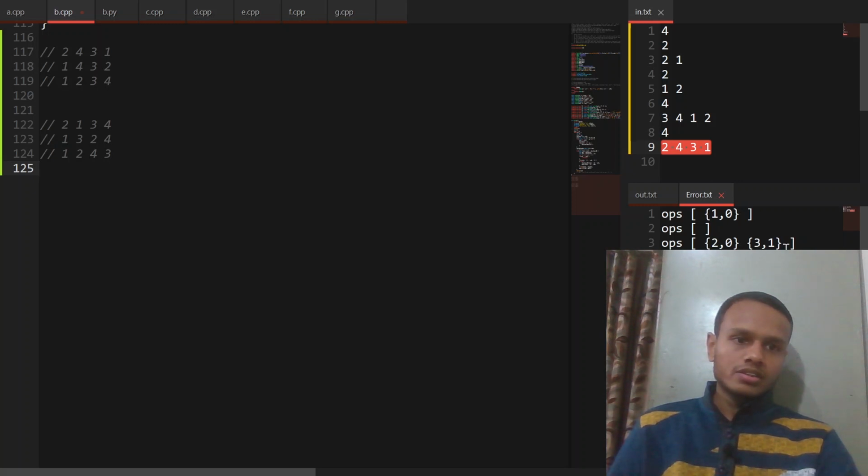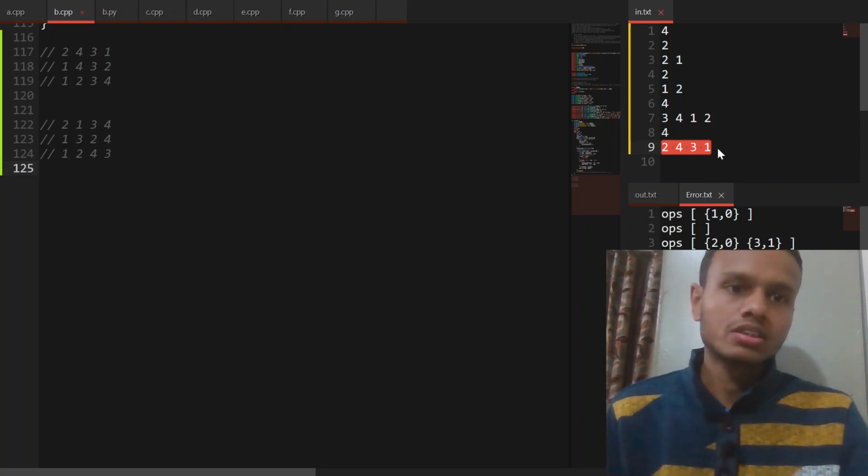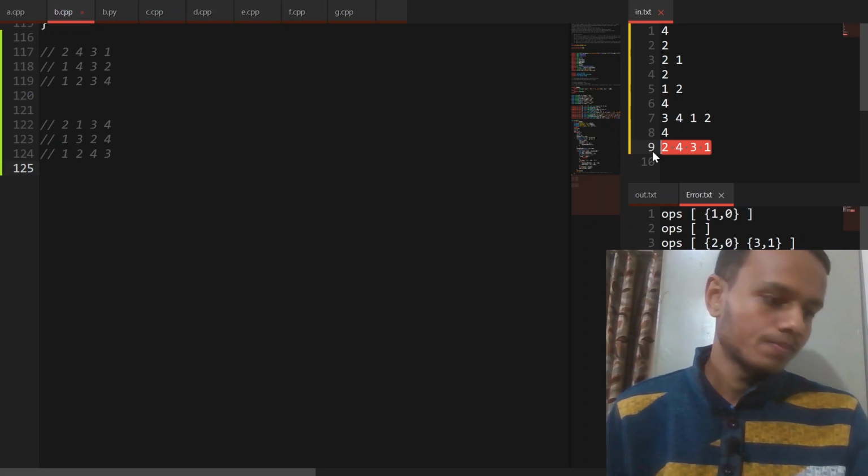The thing is, if I undo this operation 3 1, I am getting the right answer. But this swap I am performing on this array, not the sorted one.